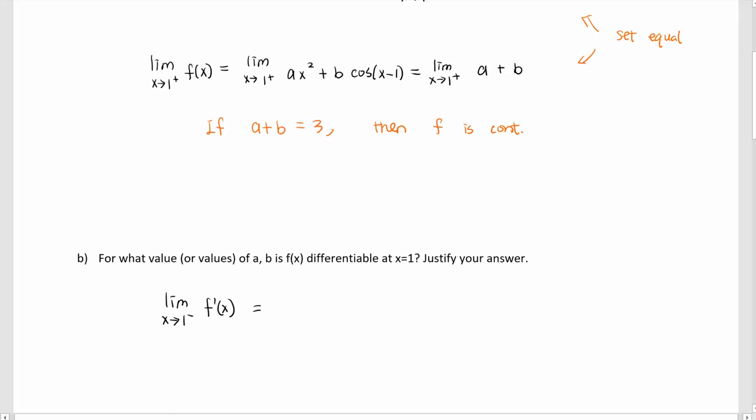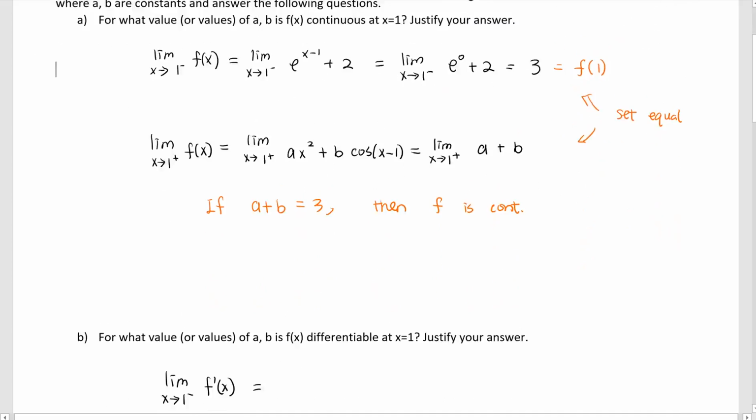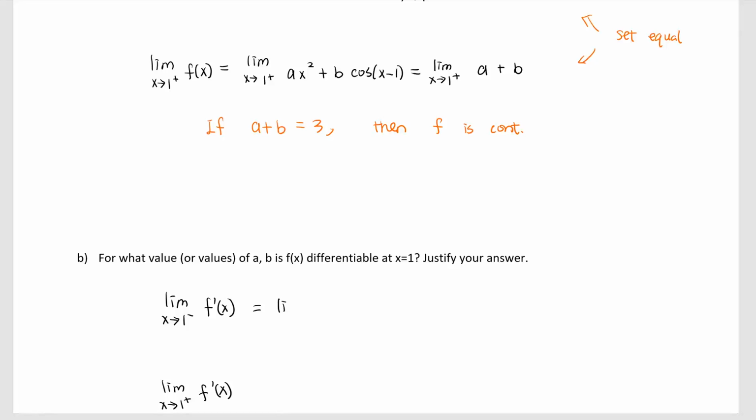Okay, so the left side was the function e to the x minus 1 plus 2, and we want to differentiate. How about the right side? We have the derivative of ax squared plus b cosine of x minus 1.